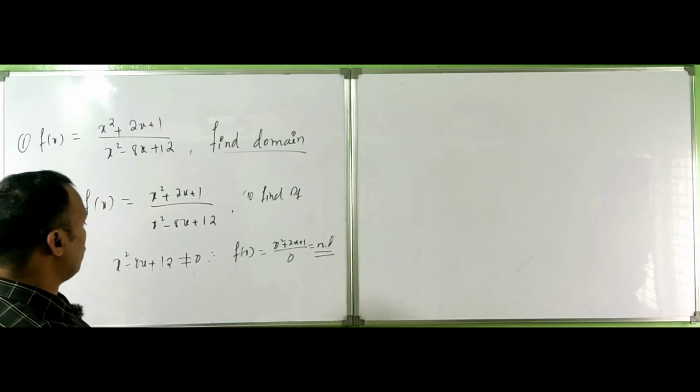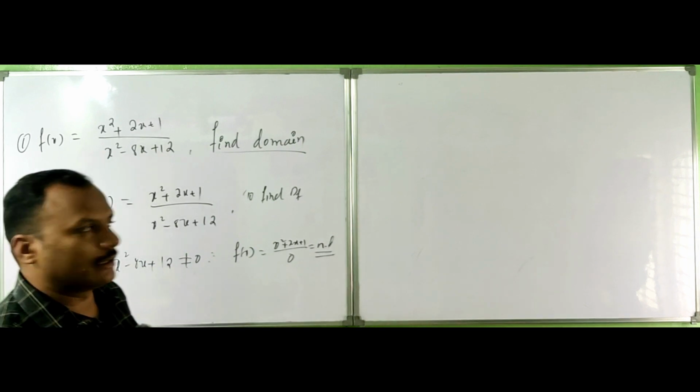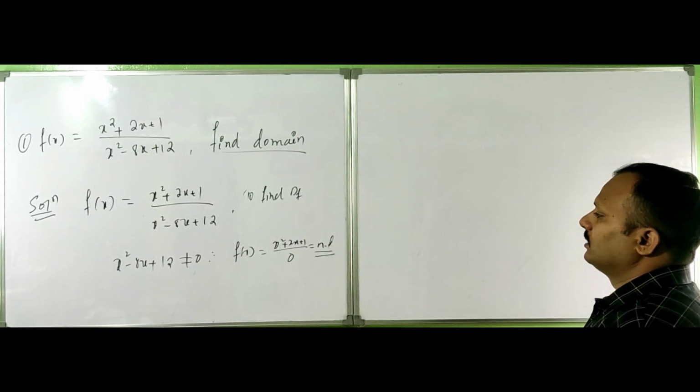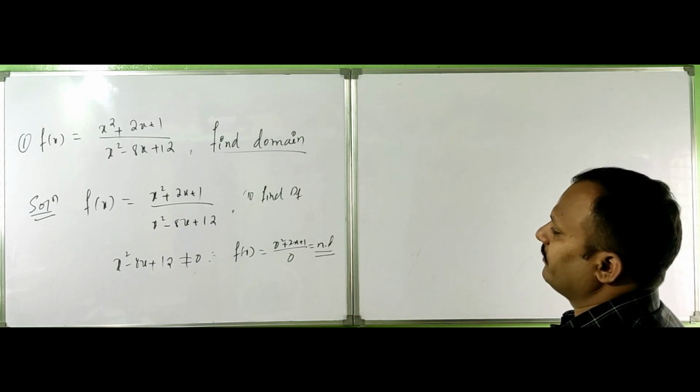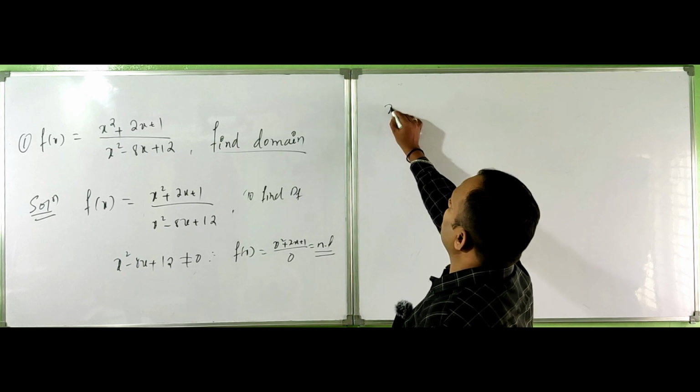This is the method. 1 by 0 is not defined, right? So then solve this by quadratic equation.